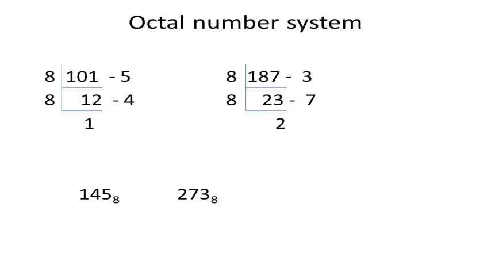When we divide 187 by 8, answer will be 23, remaining 3. When you divide 23 by 8, answer will be 2, remaining 7. The octal number of decimal number 187 will be 273 base 8.